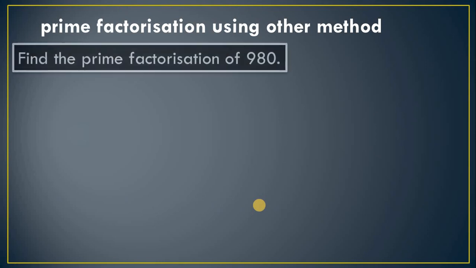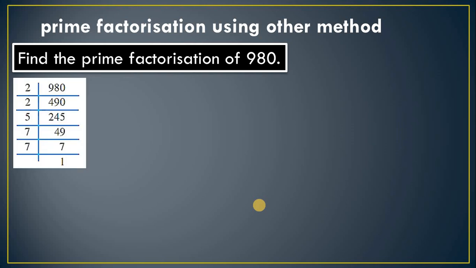Prime factorization using another method. Find the prime factorization of the number 980. Generally if the number is bigger, with more digits, you can prefer this method. Some students prefer this method, they find it easy, but I mostly prefer the tree diagram method, and the method we saw at the beginning is easy according to me, but you can refer to this one also, whichever you find comfortable.